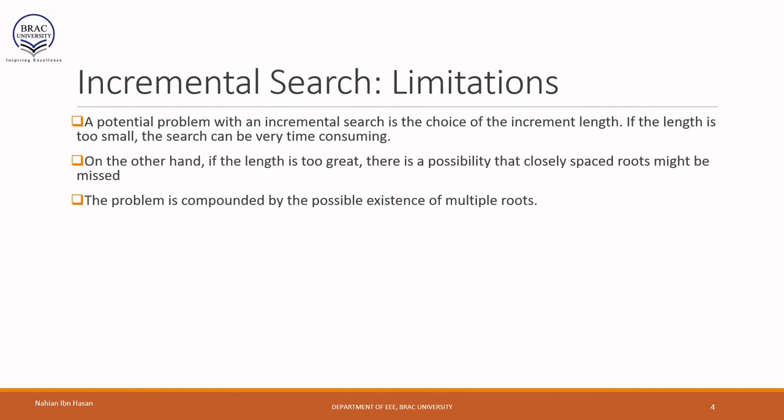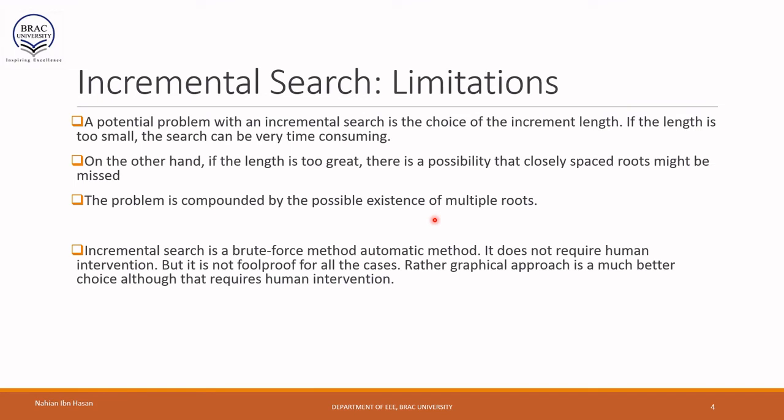This limitation is further compounded by the possible existence of multiple roots. So this is another limitation of incremental search. Remember, incremental search is a brute force method. It's a very basic method of finding our initial boundary locations.